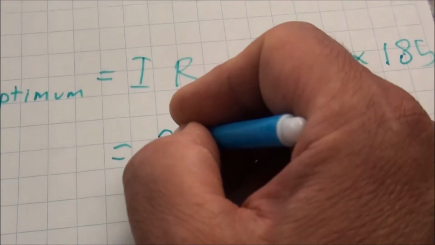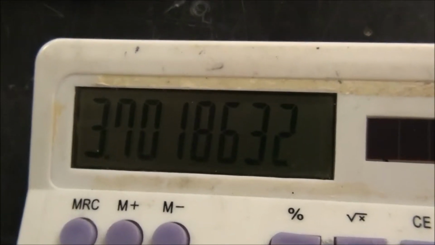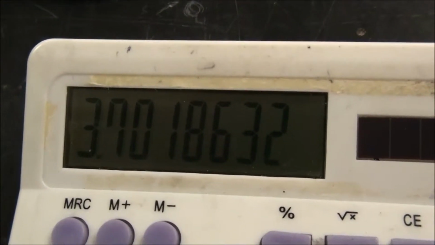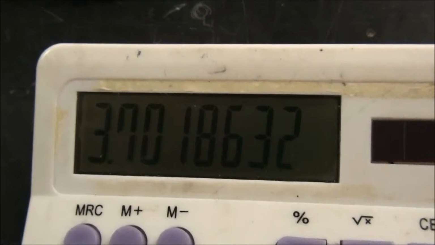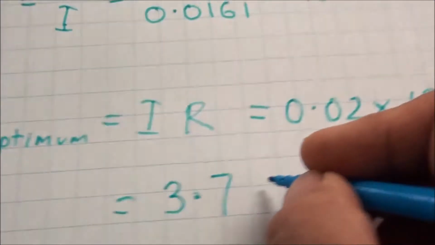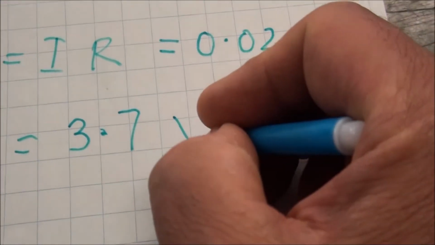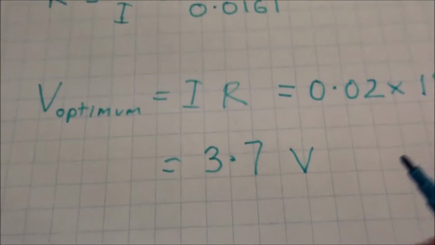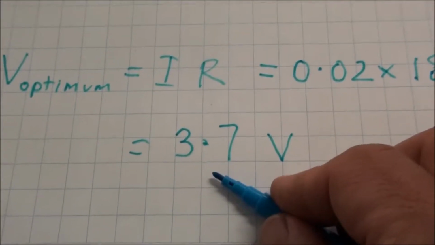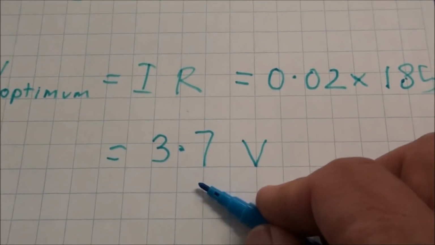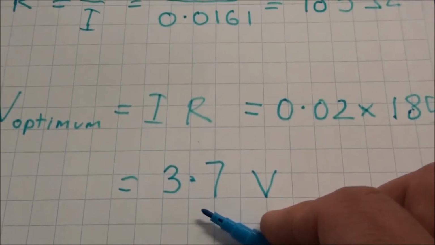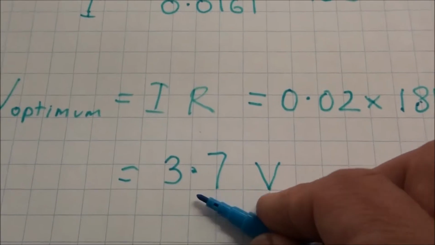So I'll just round it, no need for all that precision there. You don't need 3.701863, just too precise. Let's just keep it 3.7 volts. So that is the ideal voltage going across the LED at 20 milliamps.